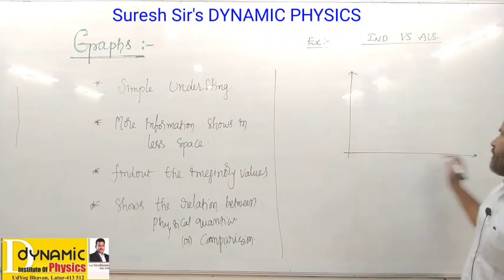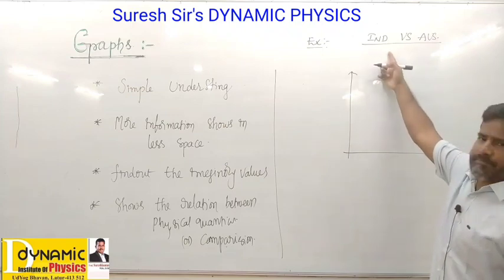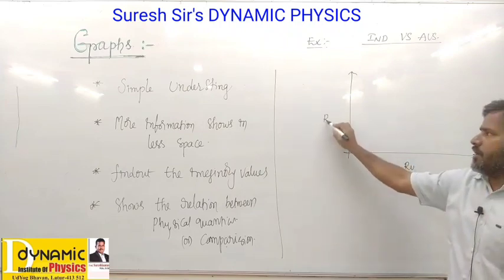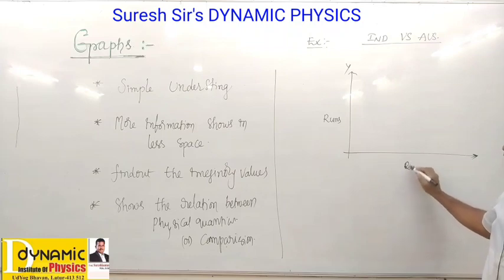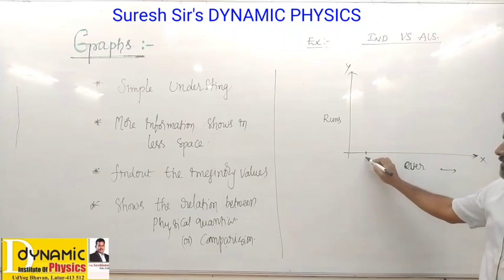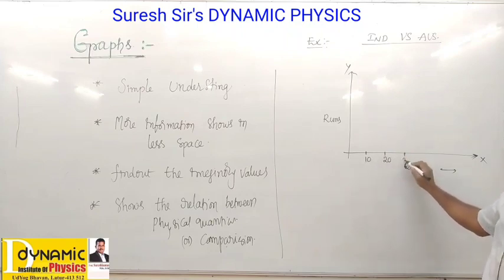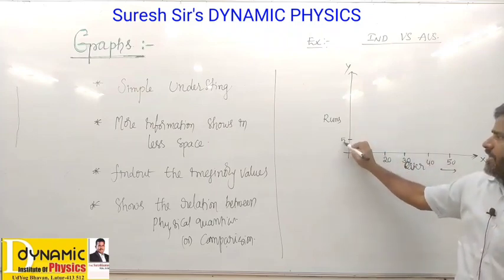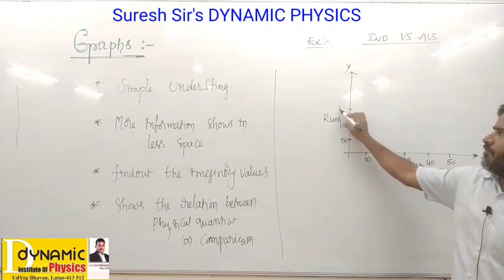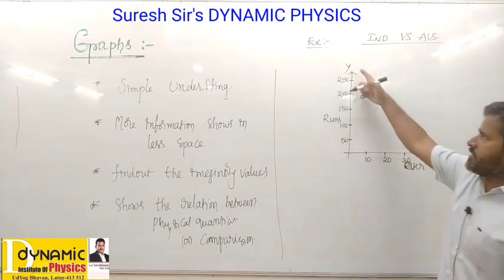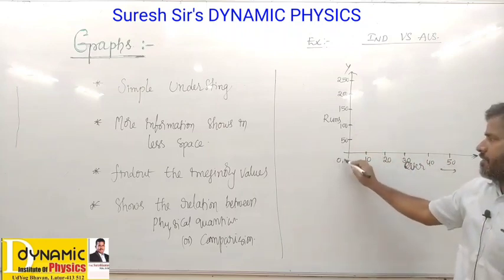In this graph, India bats first and Australia bats second. Runs are taken on the y-axis and overs on the x-axis: 10 overs, 20, 30, 40 and 50, and runs 50, 100, 150, 200 and 250.